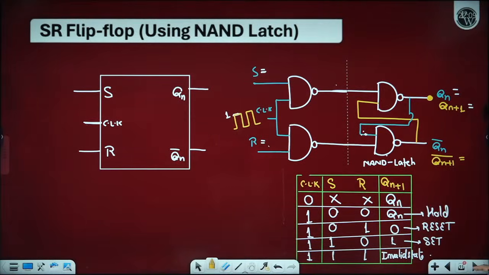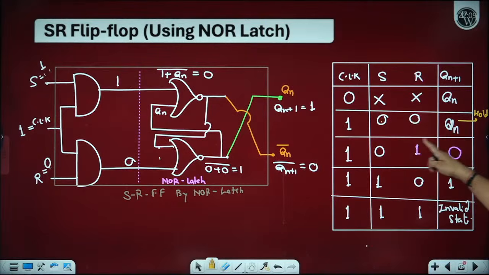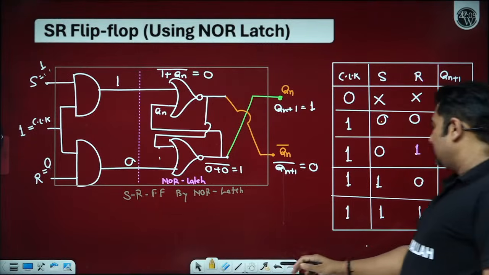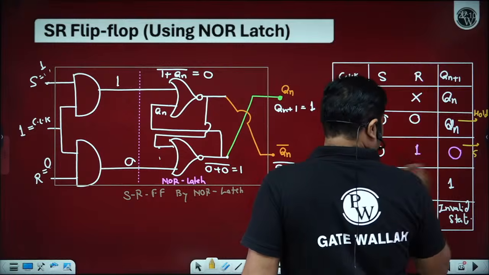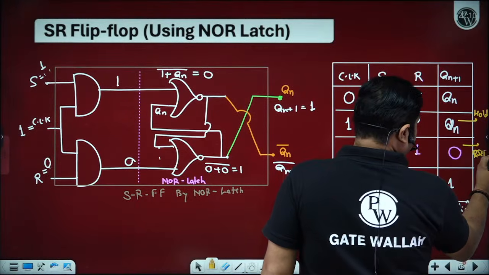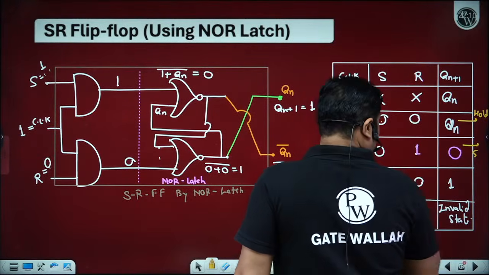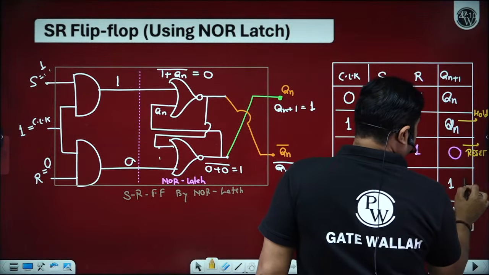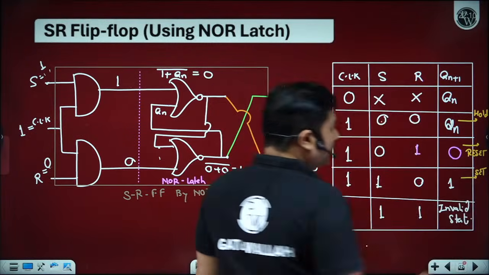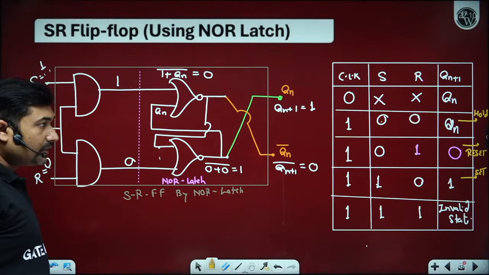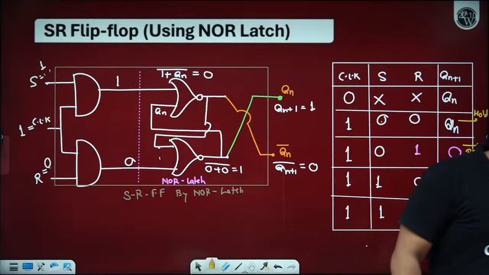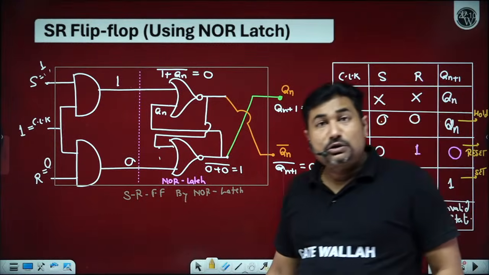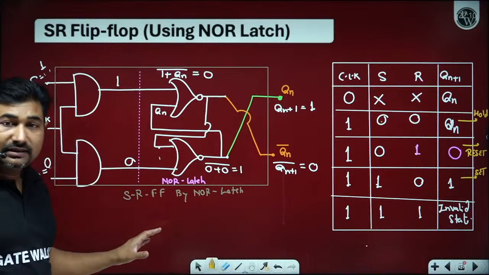We are getting a unique truth table: for 0, 0 hold, for 0, 1 reset, for 1, 0 set, and for 1, 1 invalid. How many of you are able to understand? So now we know about the truth table.